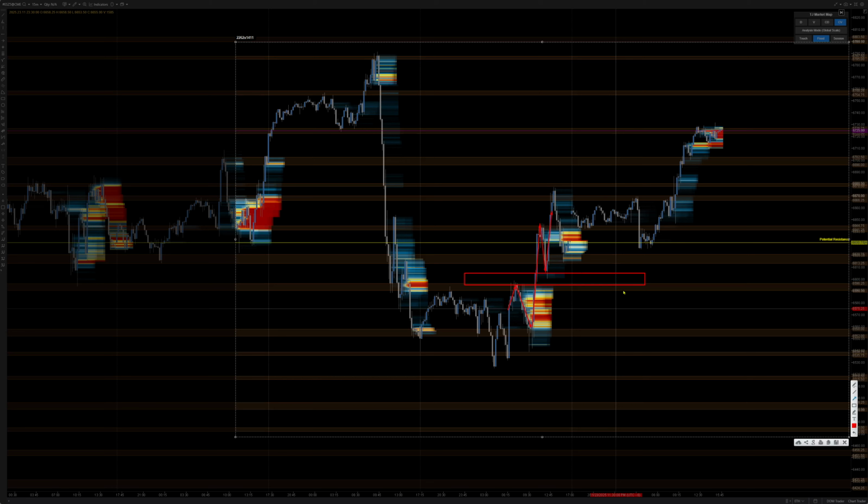So that one the market might react again on that level here. Then I'm tempted to take that daily close here as a location.